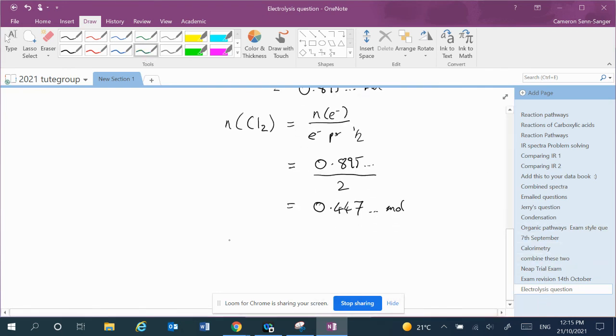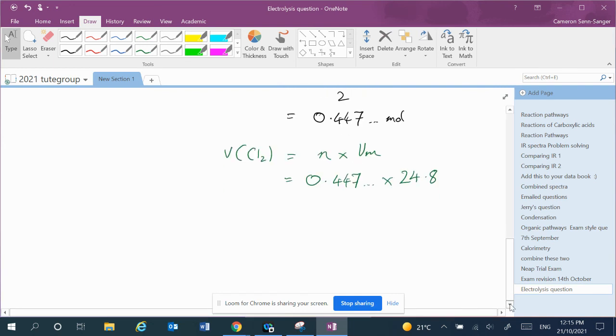Scrolling down here, we now know how many moles of chlorine. So we can now say that the volume of chlorine is going to be the number of moles multiplied by our molar volume. So 0.447 and so on times by 24.8 is going to give us an answer of 11.1 litres.